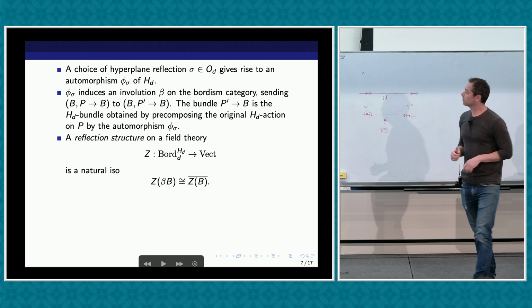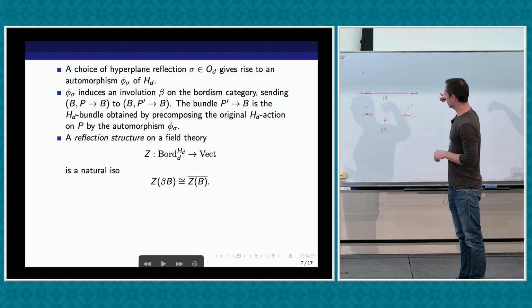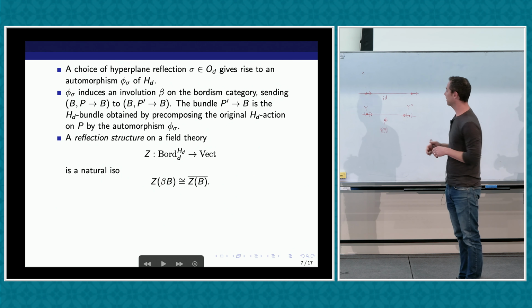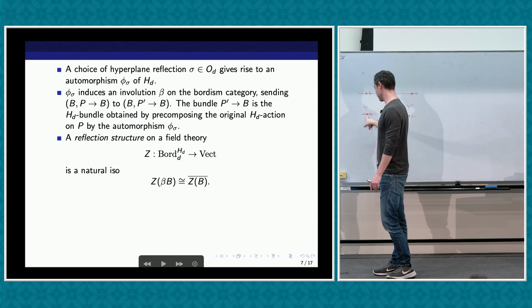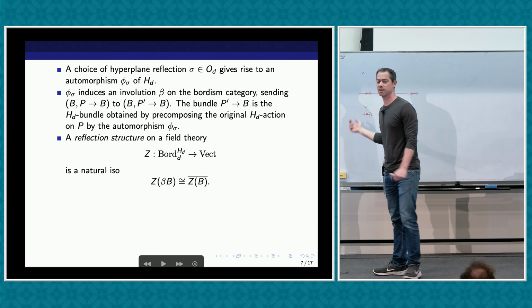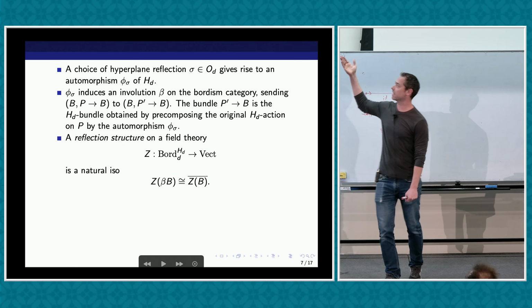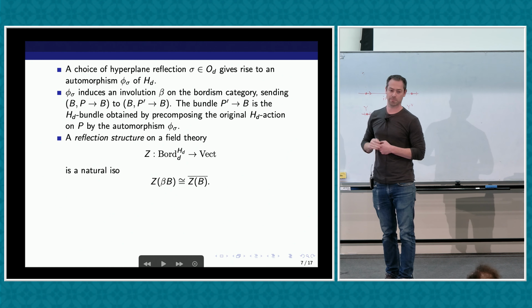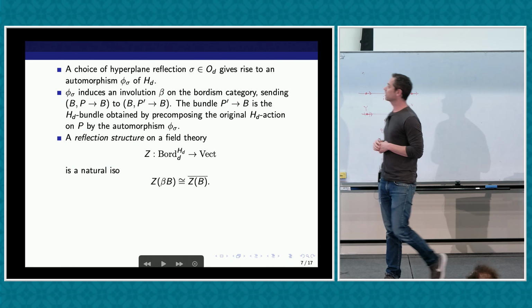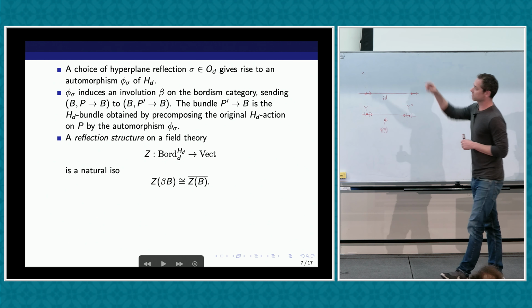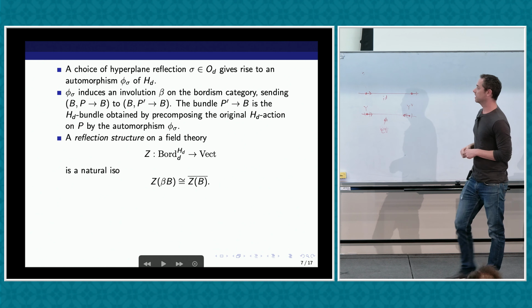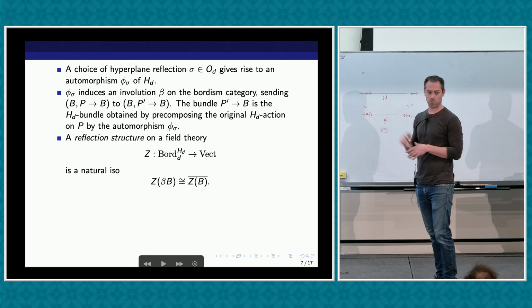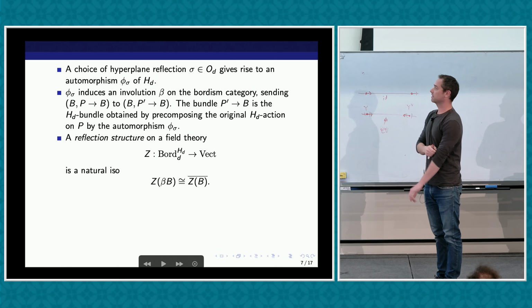And if you take the principal bundle on Y, and then you pull back by the orientation reversing diffeomorphism here, which reverses the arrow of time, then it gives you exactly this other principal bundle that I called P prime up there. So in other words, another way to describe this action is it sends a bordism to its dual. And those two involutions are isomorphic, but they're not exactly equal.